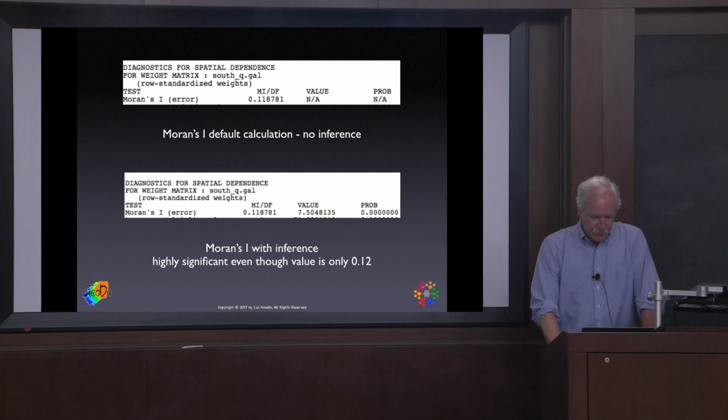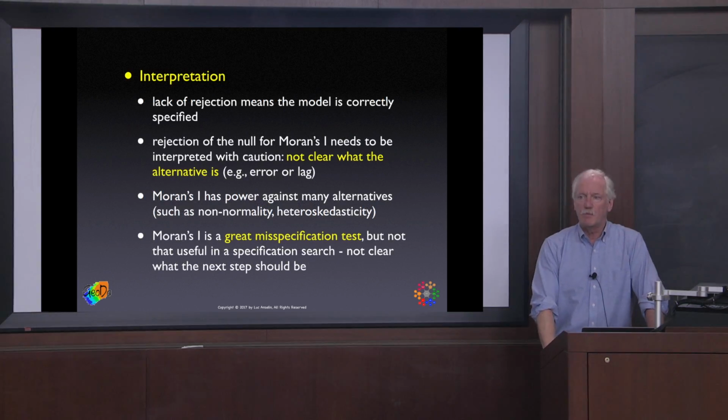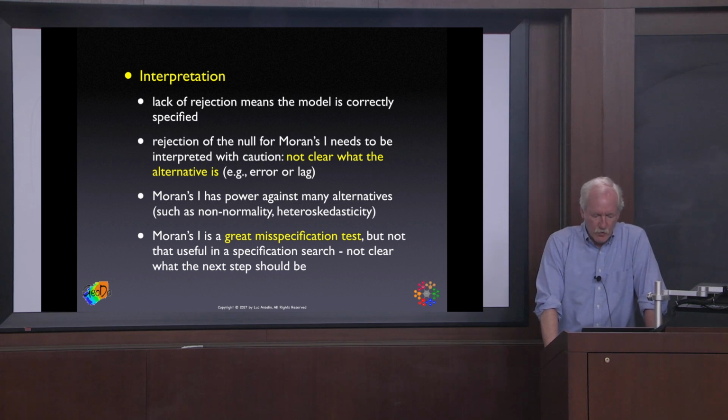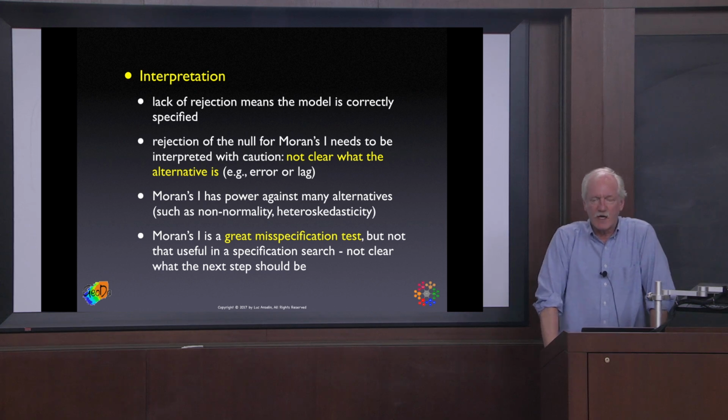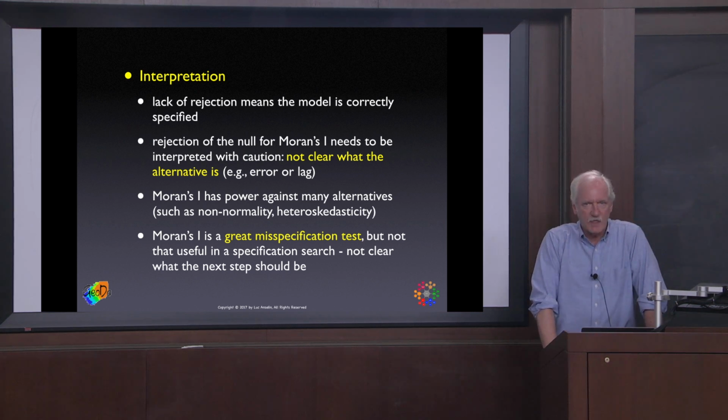Okay. So what's the deal with Moran's I? If you do not reject the null, then you're in great shape. And why is that? Because Moran's I is really a fantastic misspecification test. It picks up all kinds of things. It has power against a whole range of possible alternatives.